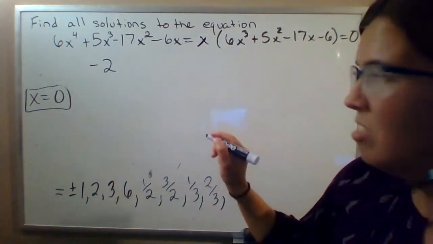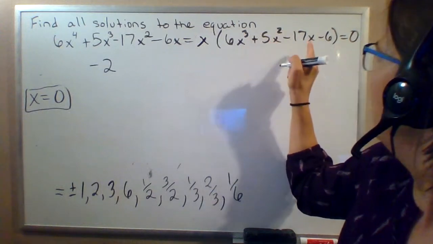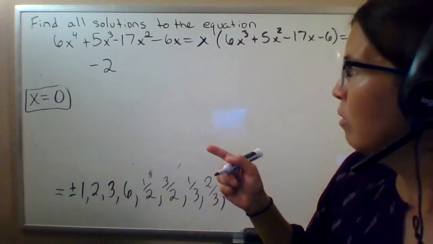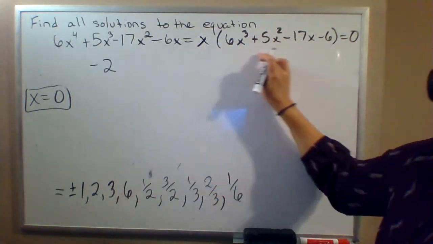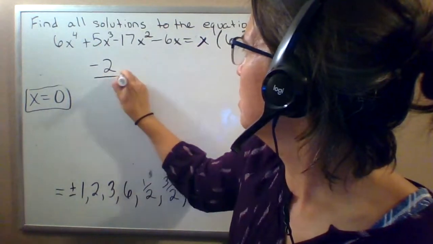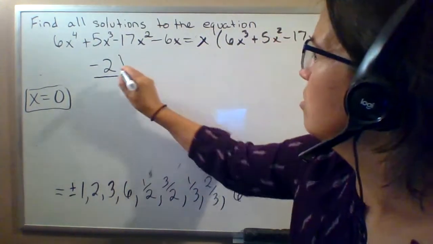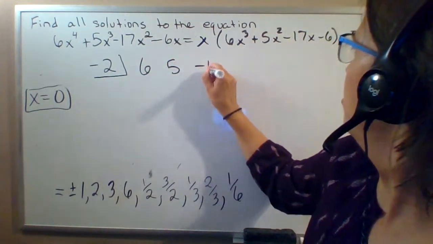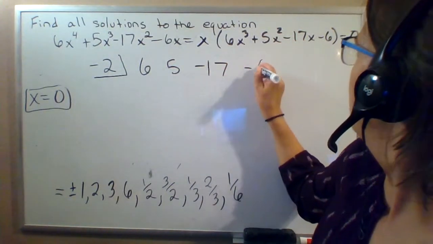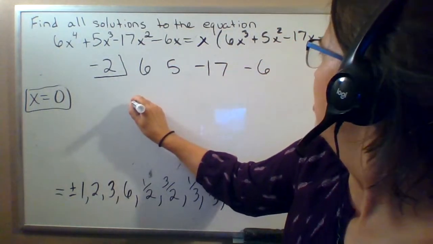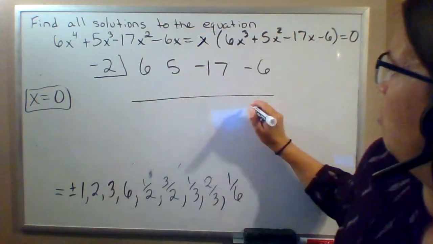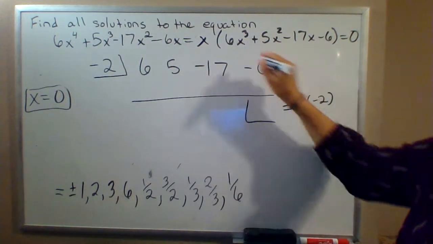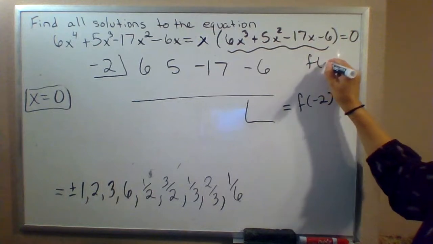Now, instead of plugging negative 2 straight into this polynomial, another way to figure out what you get is to use the remainder theorem, which says if we do synthetic division with negative 2 here, and I put the coefficients of this polynomial here, then whatever we get for the remainder is going to be equal to f of negative 2, where I'm calling this function f of x.